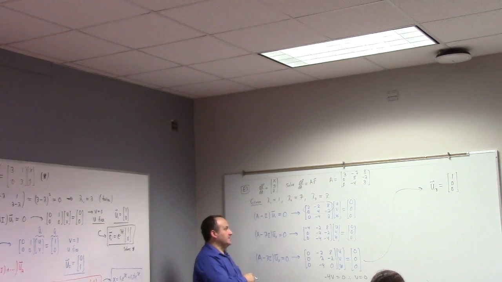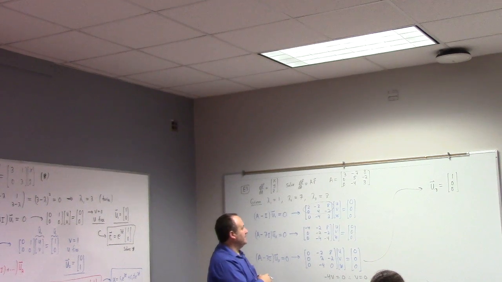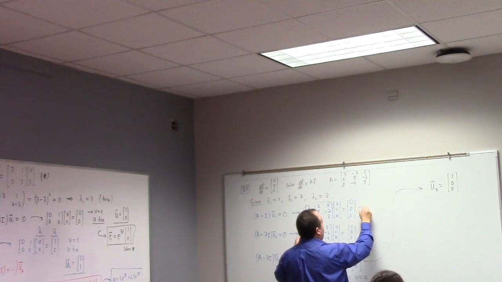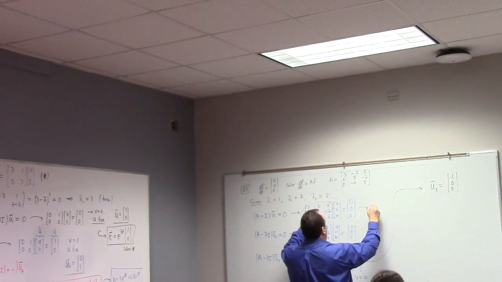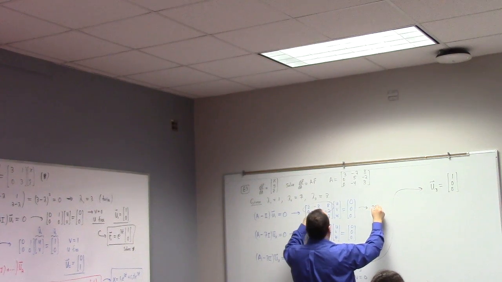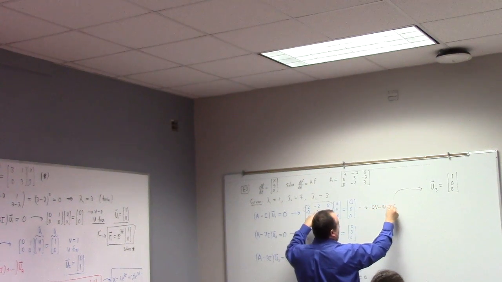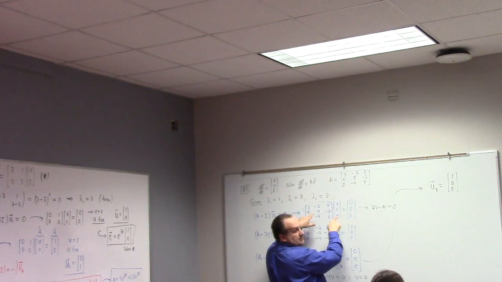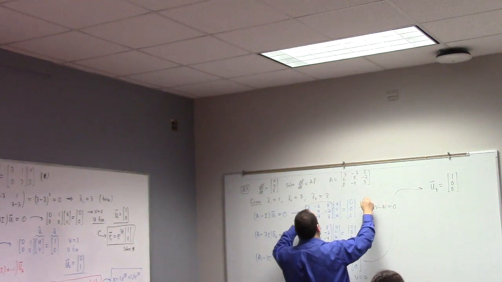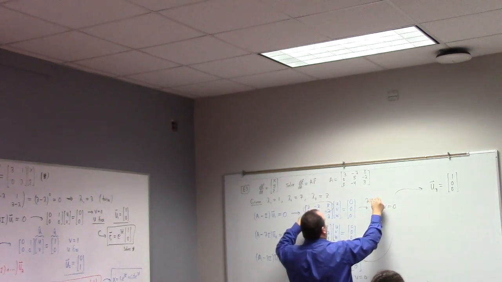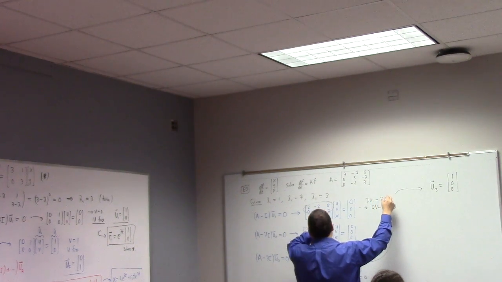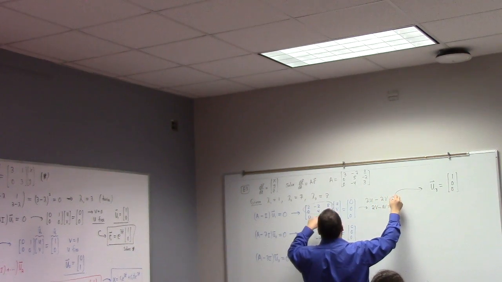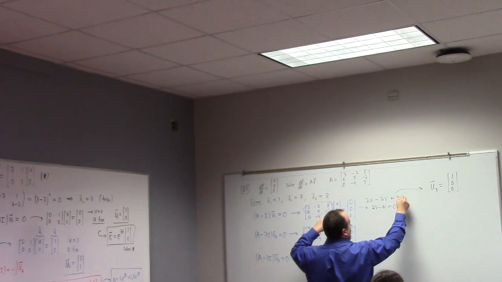So the second equation would tell me that 2v minus w equals 0 if I divide by 2. And then the top equation is 2u minus 2v plus 8w equal to 0.